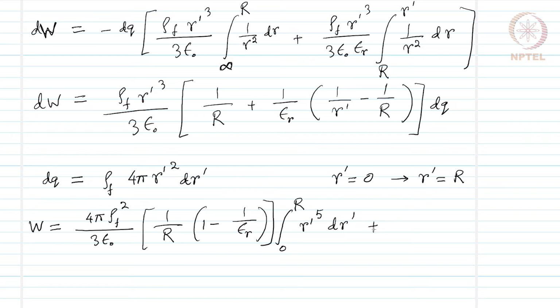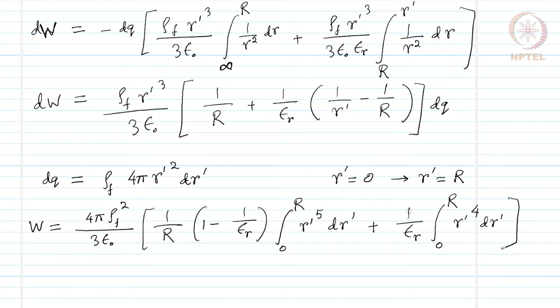plus, no, but this does not end here. This is the factor for this integral, plus 1 over epsilon_r, integration from 0 to capital R of r prime power 4 dr prime.